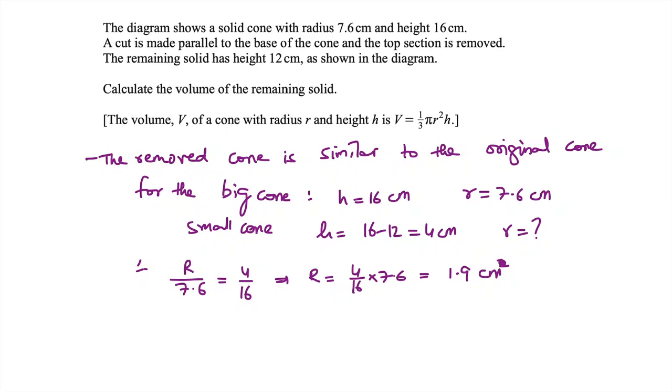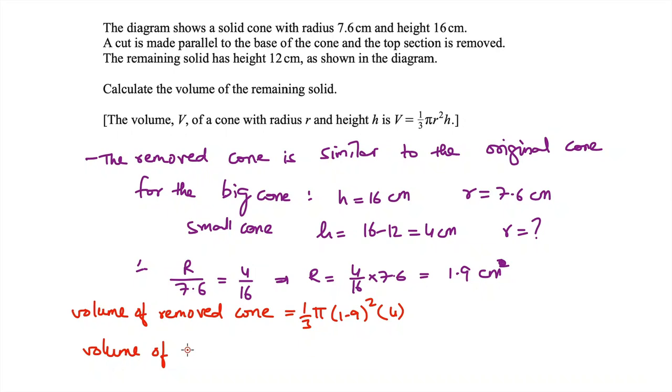So therefore, the volume of the removed cone would be one by three pi r square h, so pi into 1.9 whole square into 4. And so for the volume of the remaining cone, we need not actually write out the volume of the removed cone.